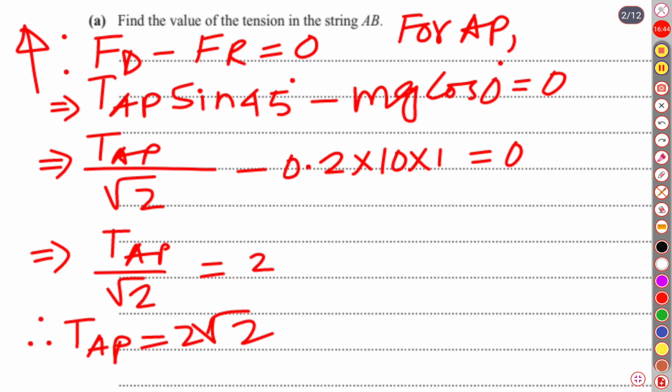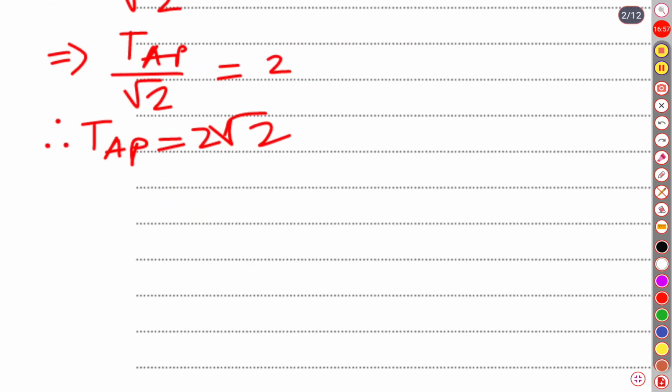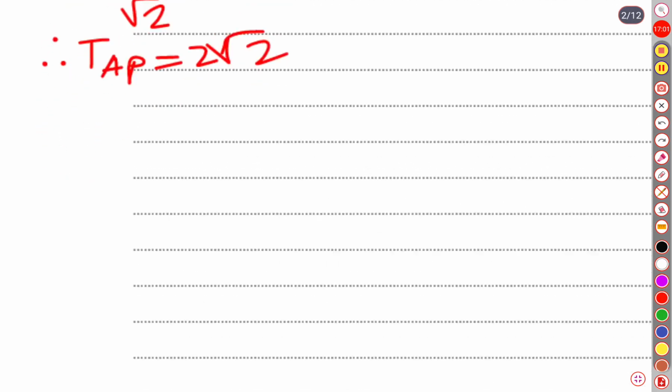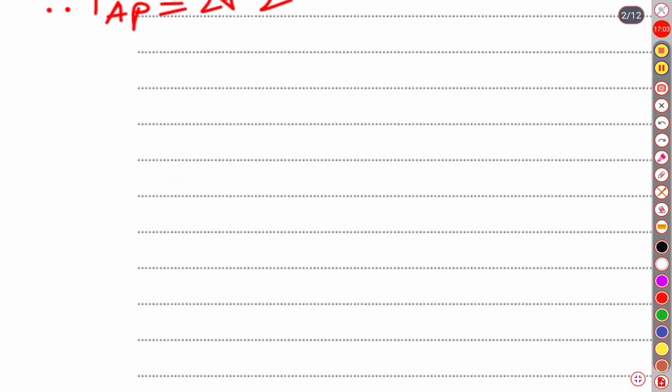Well, so this is one of the tensions that has been obtained, but they didn't tell us to find the tension in AP. They have told us to find the tension in the string AB. Now for AB, let's see how AB is.